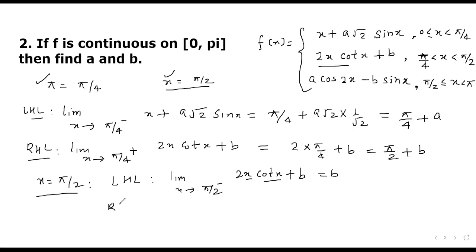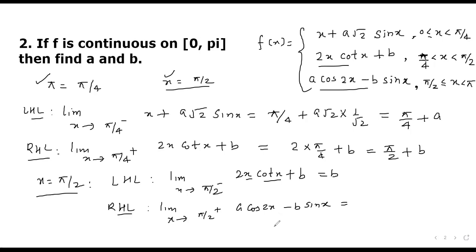And now consider RHL, limit x tends to pi by 2 plus. This time we have to consider this function, a cos 2x minus b sine x. We can put the value.